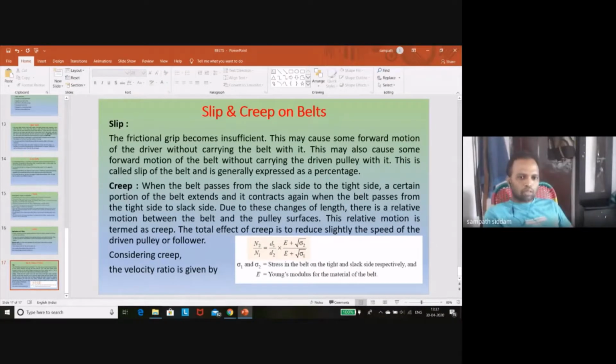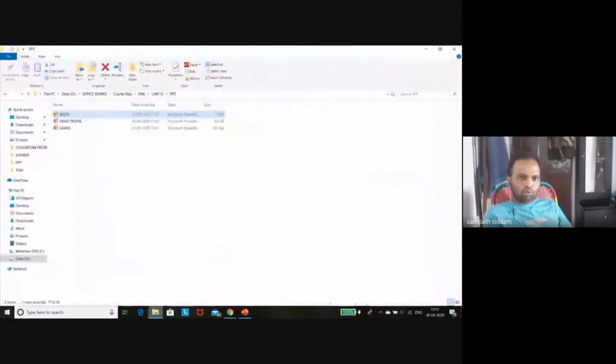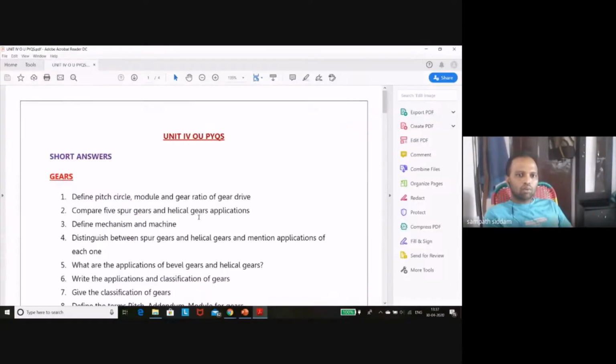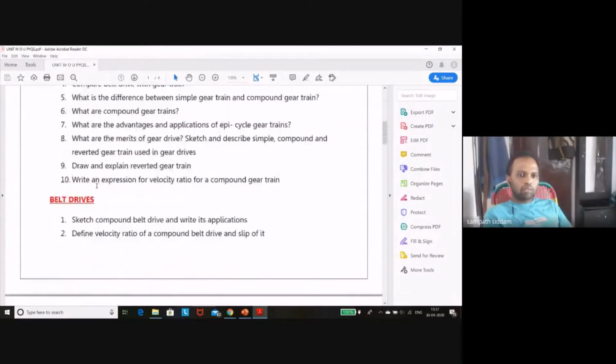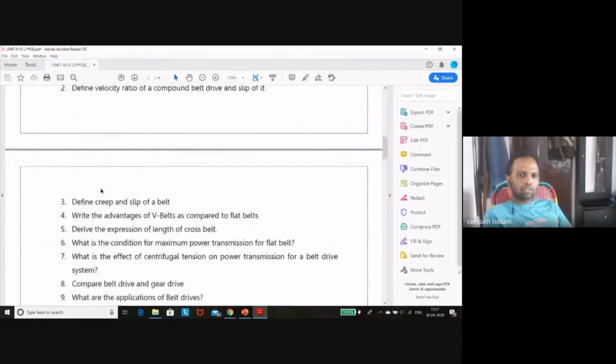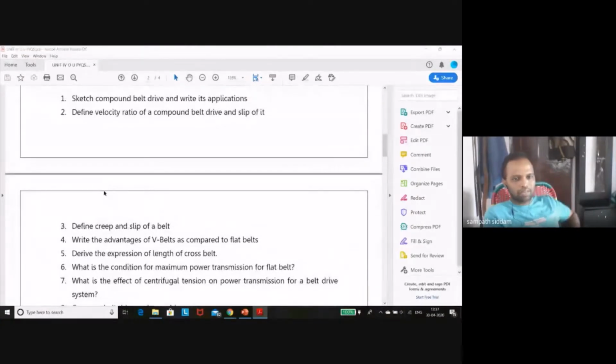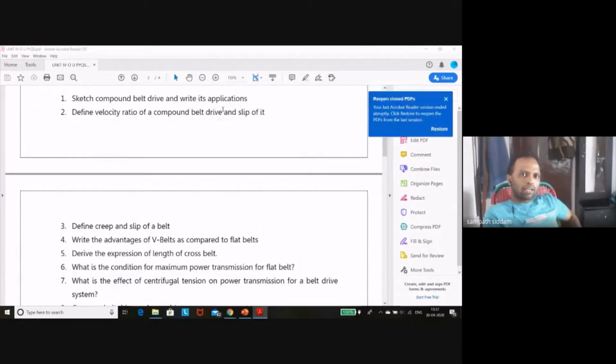Now we'll go through the previous year questions asked in your OU exam related to belt drives. Let us first read out the theory questions. The question is: sketch the compound belt drive and write its applications.